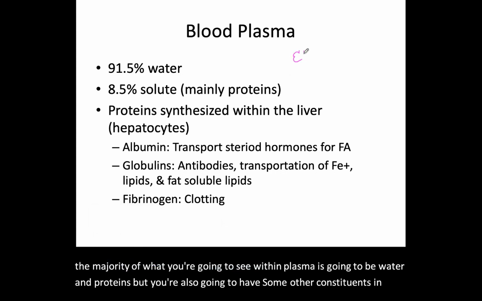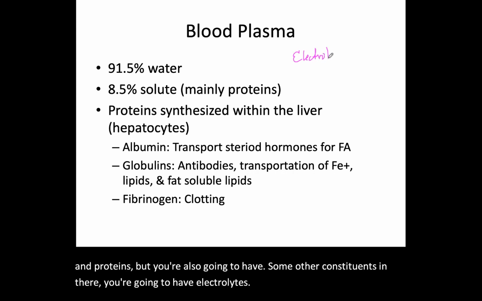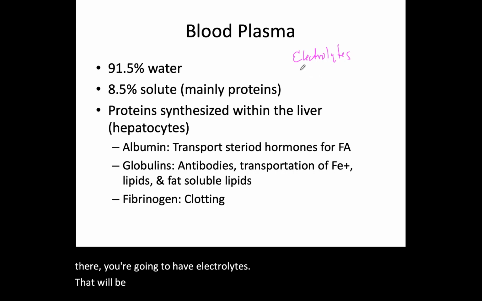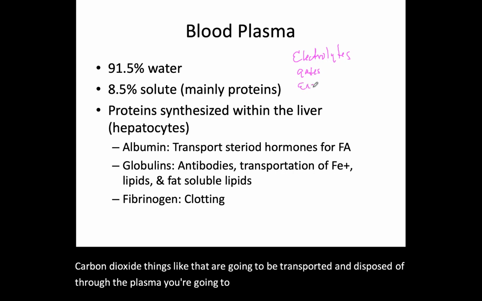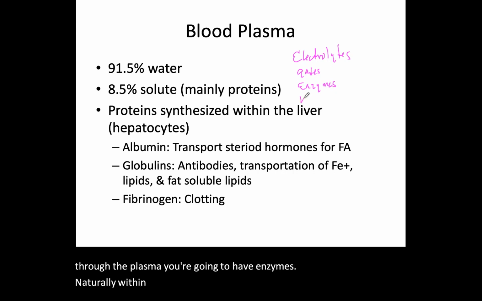You're going to have electrolytes that will be transported. You're going to have gases, carbon dioxide, things like that, that are going to be transported and disposed of through the plasma. You're going to have enzymes naturally within there. You're going to have hormones that are going to be transported.